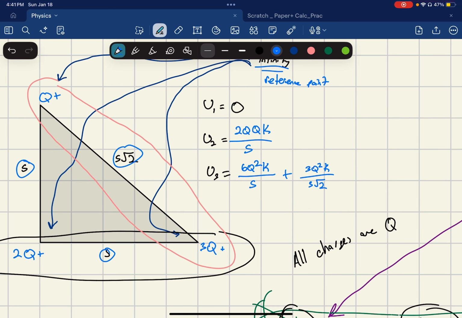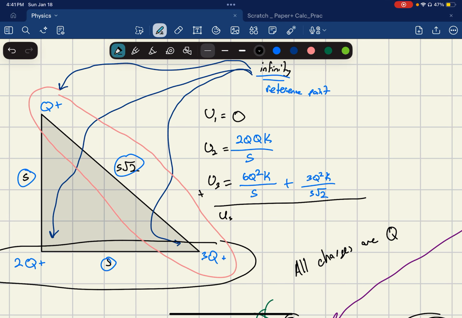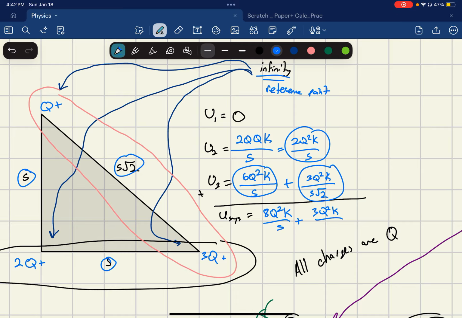Okay. So now all we've got to do is add these up together to get the potential energy of the system. Let me rewrite that so it's easier to add. 2Q squared plus 6Q squared gives me 8Q squared K over S, plus this term, 3Q squared K over S root 2.